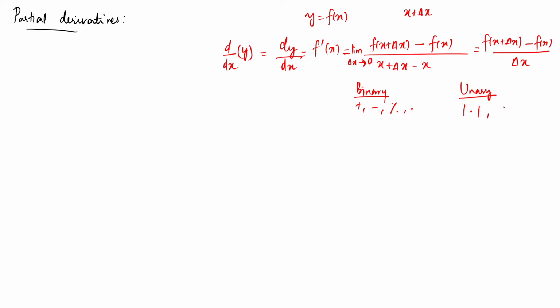And any function f of x is also a unary operator. Apart from this you have your derivative operator and integral operator. These are also unary operators because if you give only one function to this operator, it will perform. How it performs is different, but it is performing with the help of only one operand.